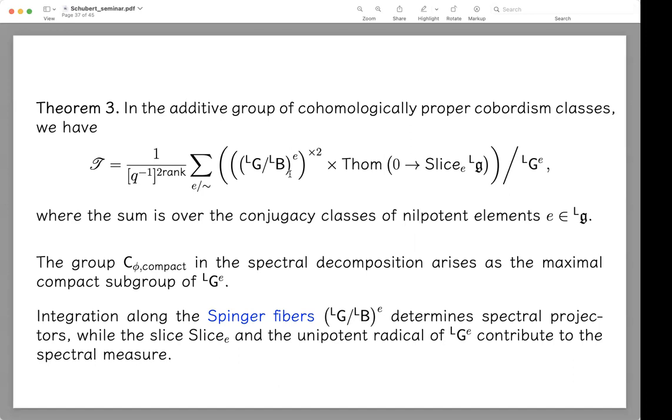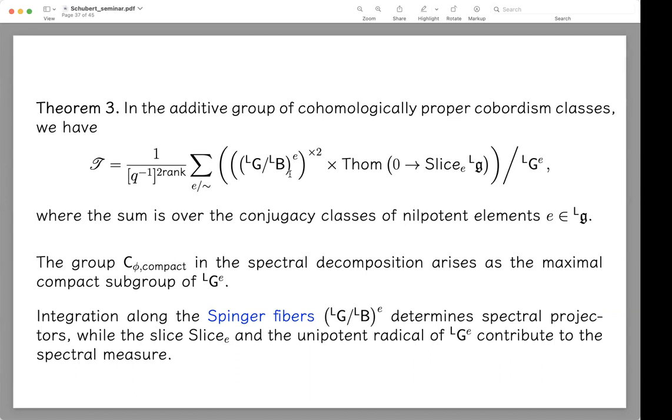What I'd like to say is that this is the maximal compact subgroup of the centralizer of a nilpotent element E, and the integration along the Springer fibers determines the spectral projection, and the parts about the slice and the unipotent radical of this centralizer contribute to the spectral measure.